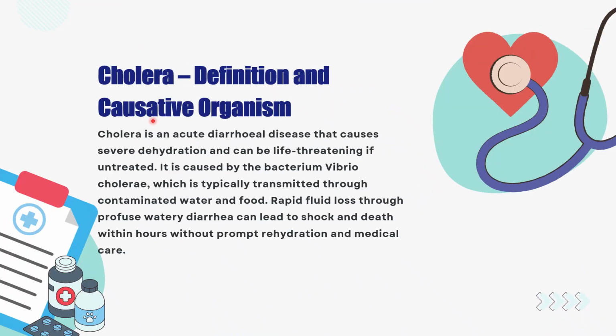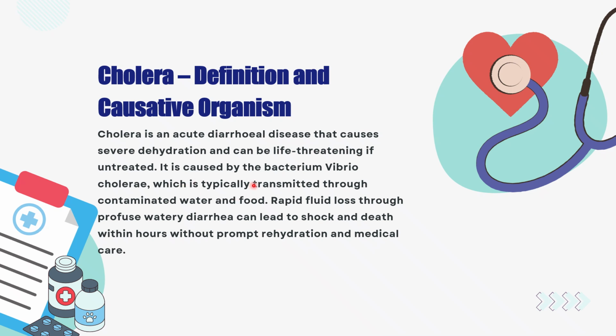Next disease is cholera. Cholera is an acute diarrheal disease that causes severe dehydration. By the name, we can know that it affects the gastrointestinal tract and causes severe diarrhea. So it may be life-threatening if untreated.